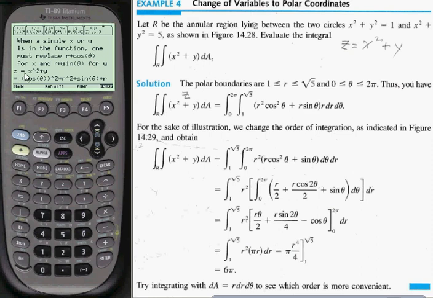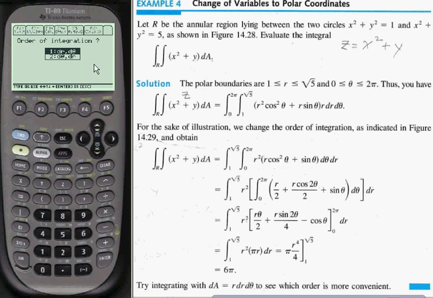So here we are with our function, and we've replaced x with r squared cosine squared theta, and then we replaced y with r times sine of theta. The calculator switches it around, but that's what we actually did.